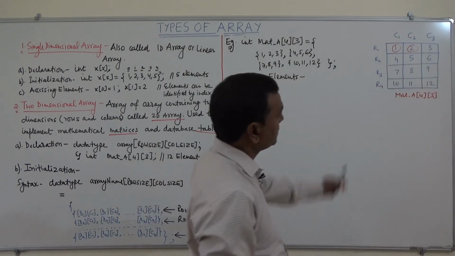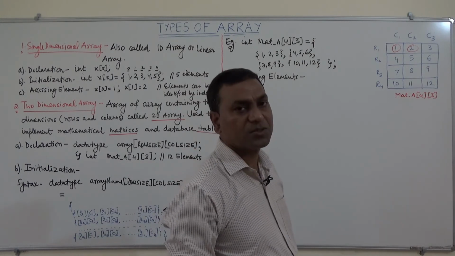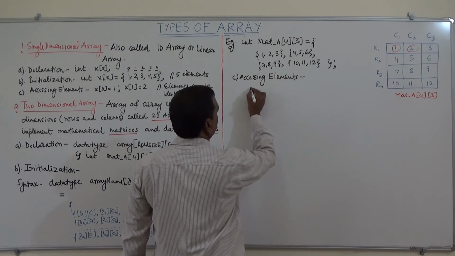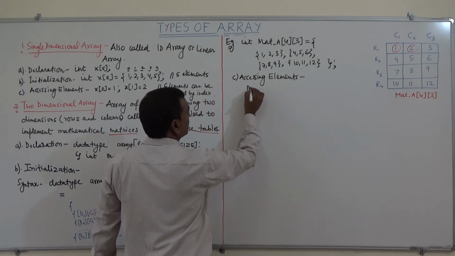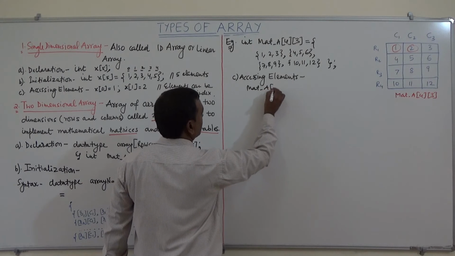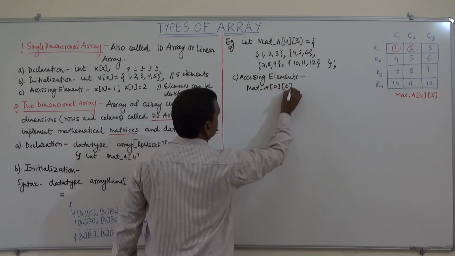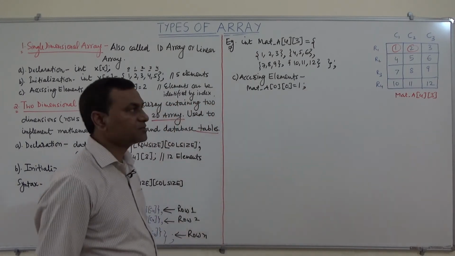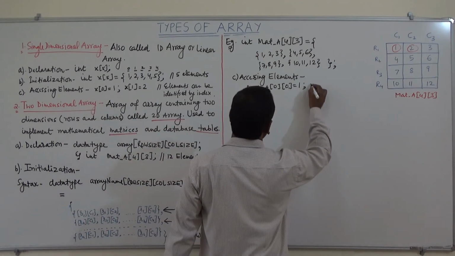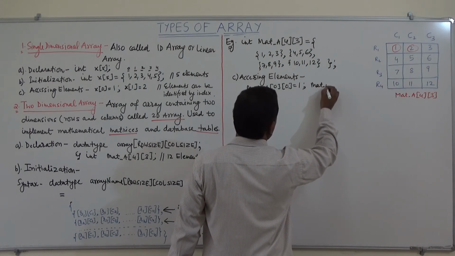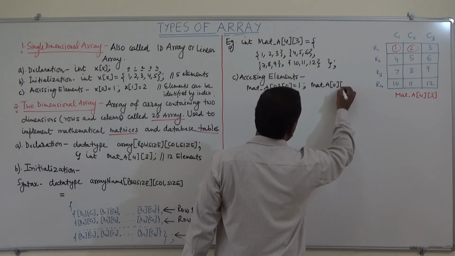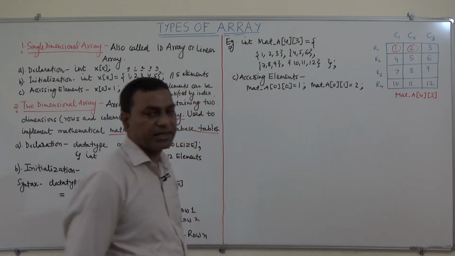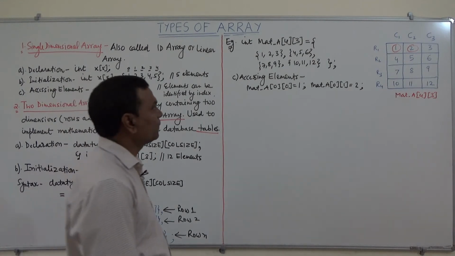Their locations are 0 0 and 0 1. So we can write matrix A 0 0 equals to 1, and if we wish to access 2, then we can write matrix A 0 1 equals to 2. So in this way we can access the various elements of the 2D array.